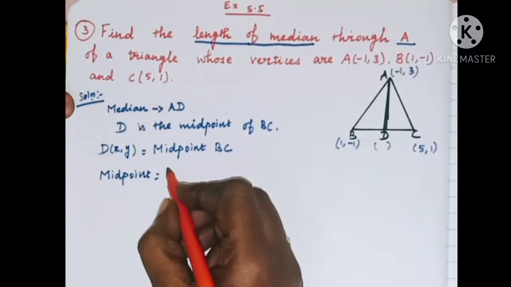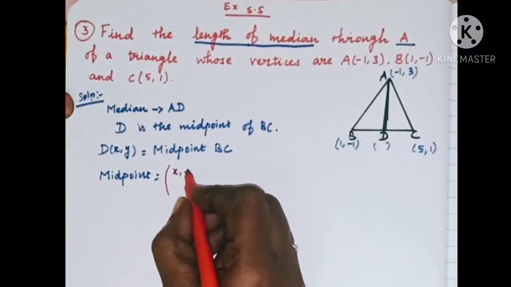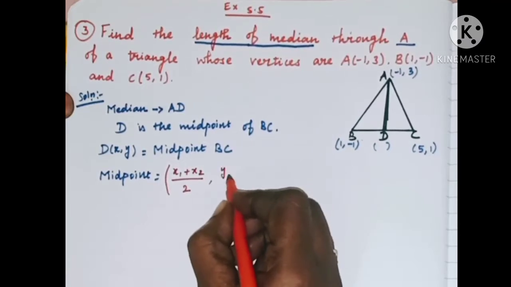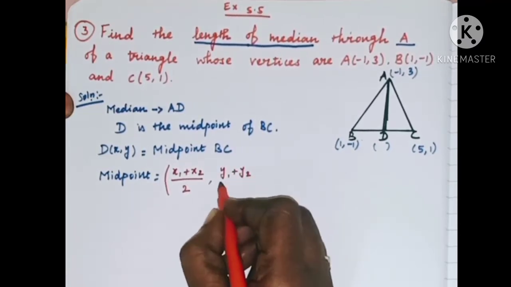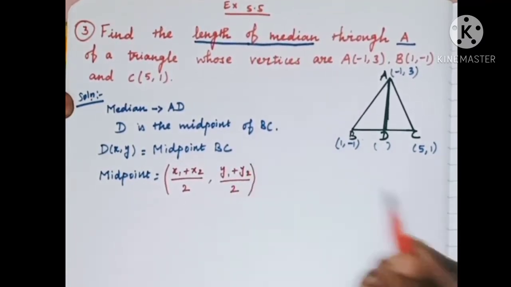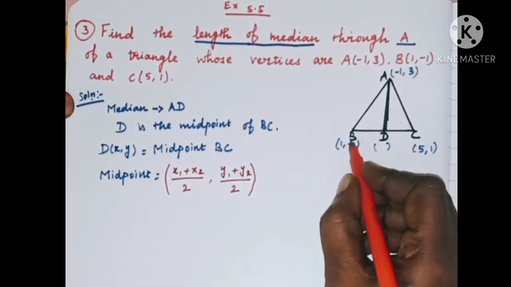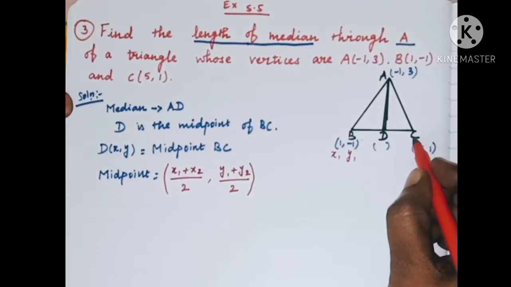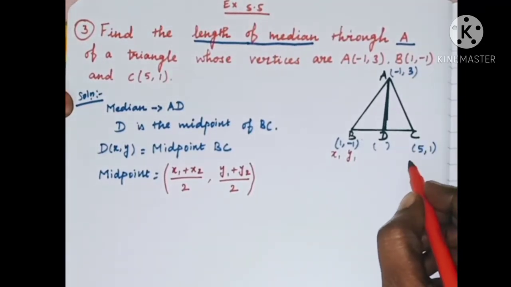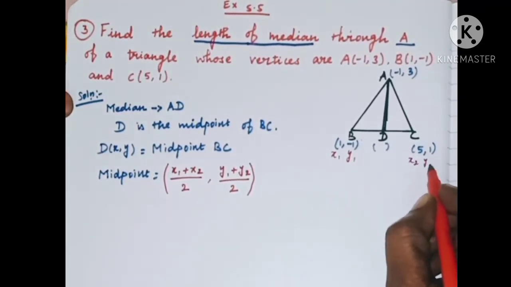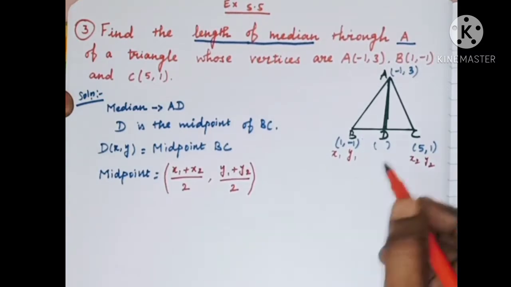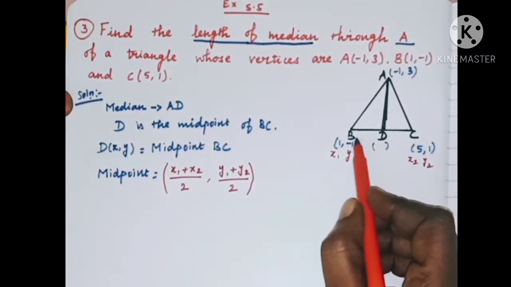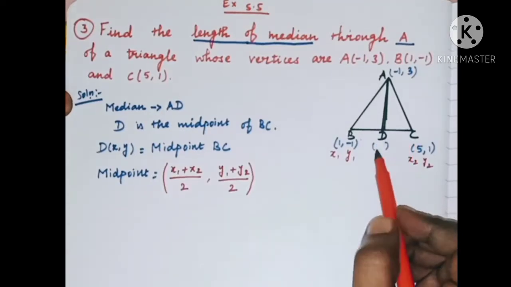The midpoint formula is x1 plus x2 divided by 2, comma y1 plus y2 divided by 2. Now take B coordinates as x1, y1 and C coordinates as x2, y2. Now we are finding the midpoint of BC, that is the D coordinates.